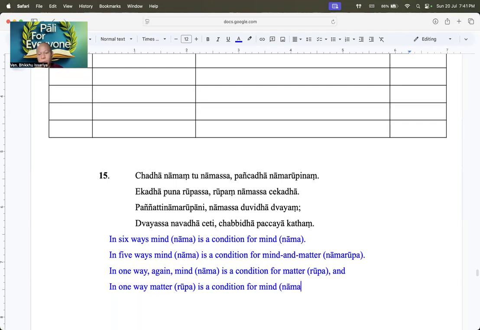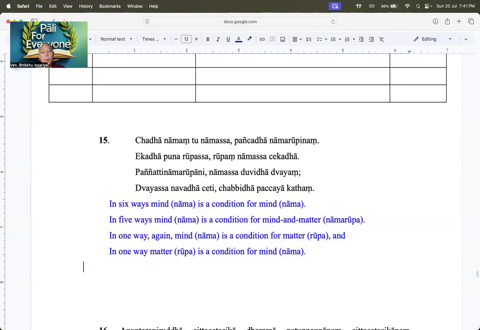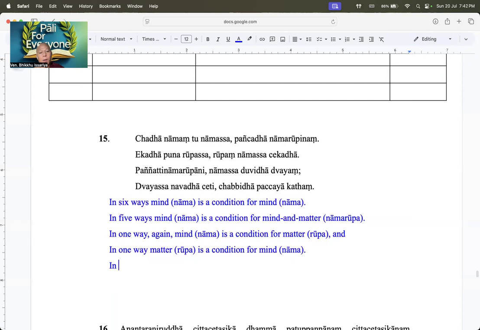Yes, in this way also. And then in two ways.